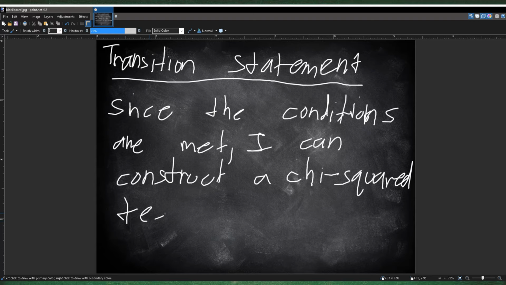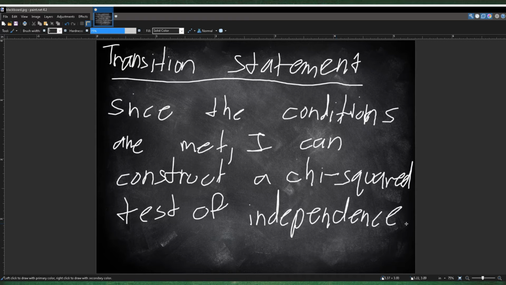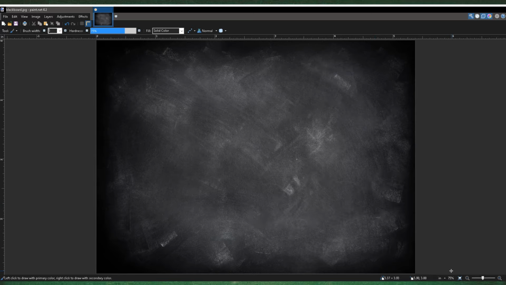Chi-square test of or for independence, it doesn't matter. You just need to tell them it's independence. So just write that down, and then basically you're done with your transition statement.